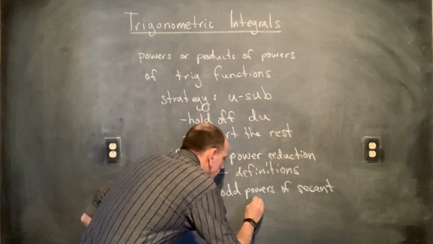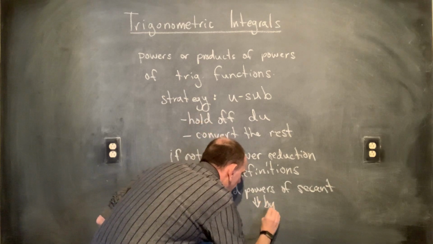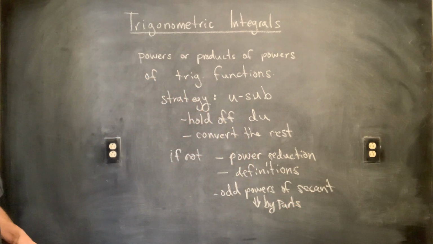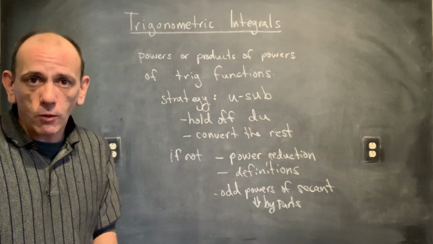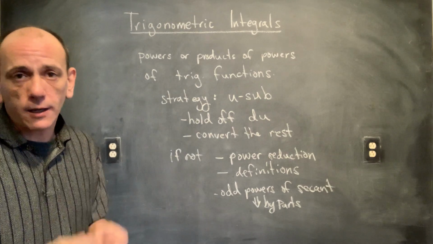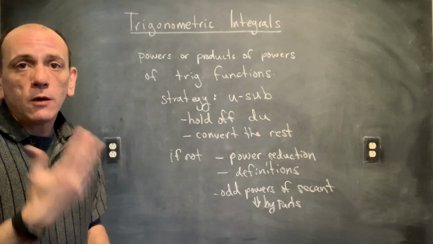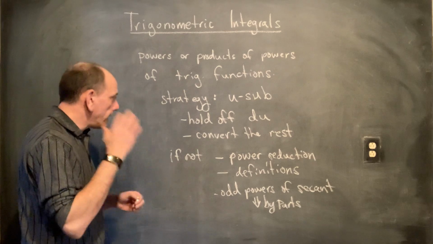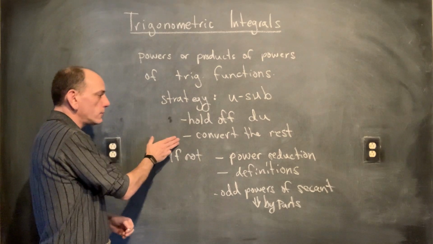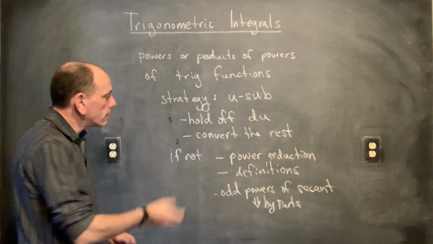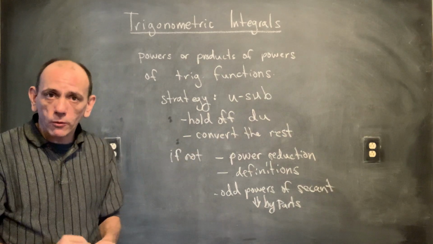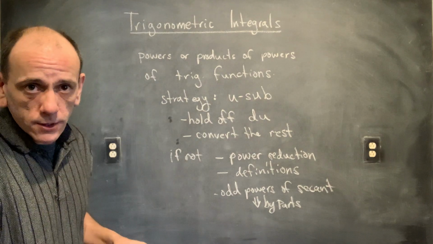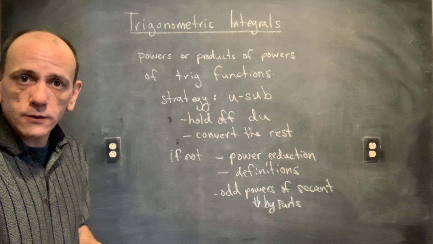We resort to integration by parts, but that's only for odd powers of secant, and we have to do it repeatedly. So that's our general strategy: hold off du, convert the rest. If that's not going to work, maybe I can bring some trig rules, power reduction, to those. Or maybe it's an odd power of secant and I need to do integration by parts, or just resort to definitions and see if I can simplify things.